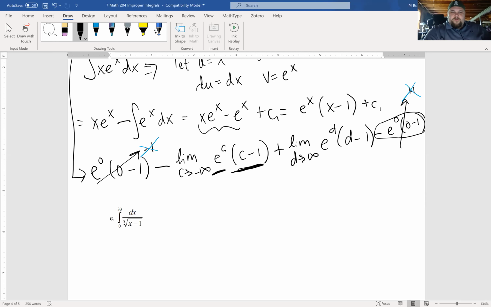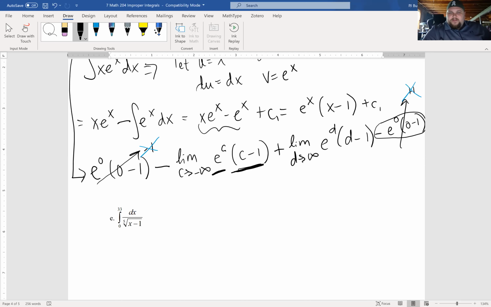Which one of those grows or decreases more quickly? Exponential. So the obvious choice there should be the exponential, right? So if that thing increases and decreases at a faster rate, it will dominate that limit.